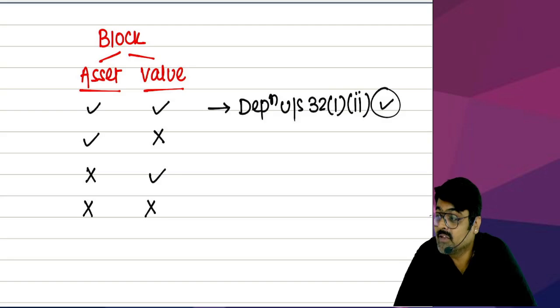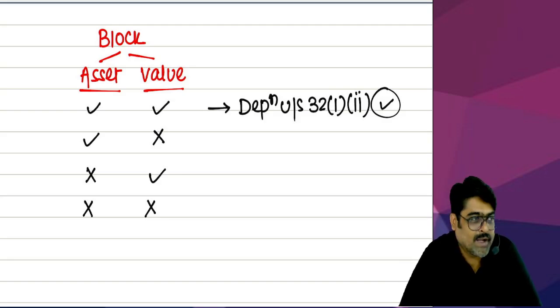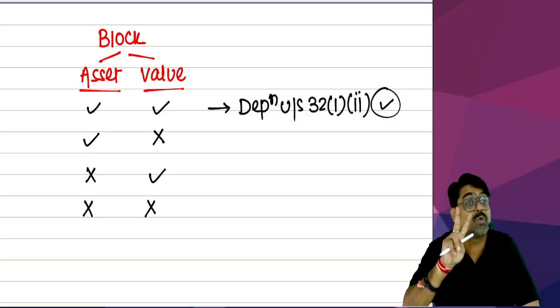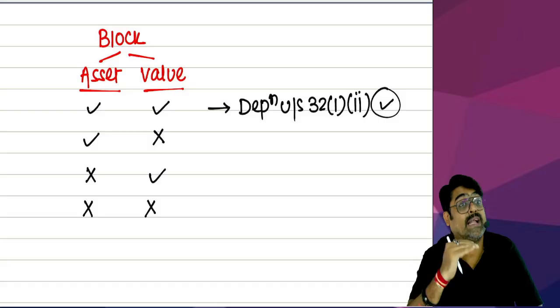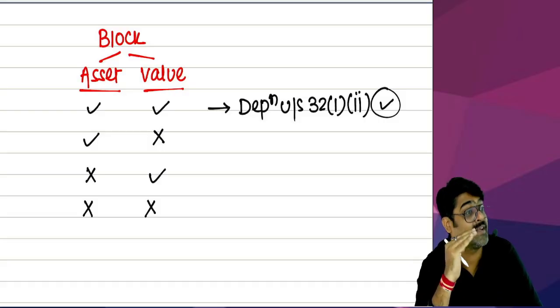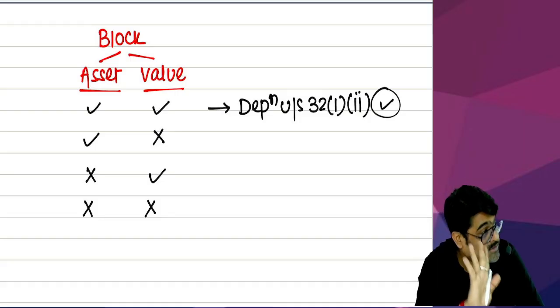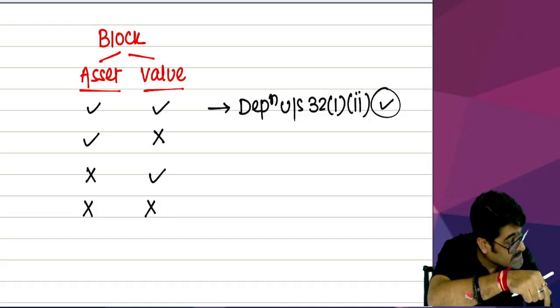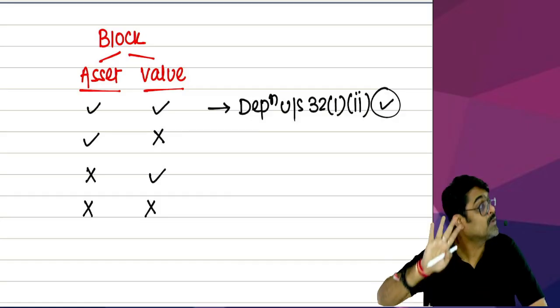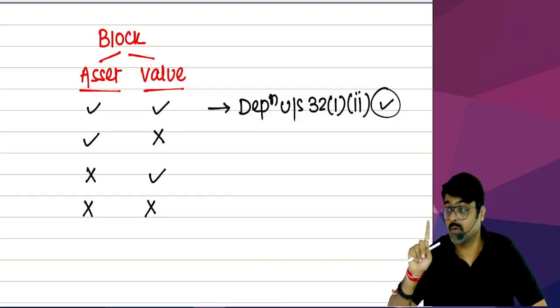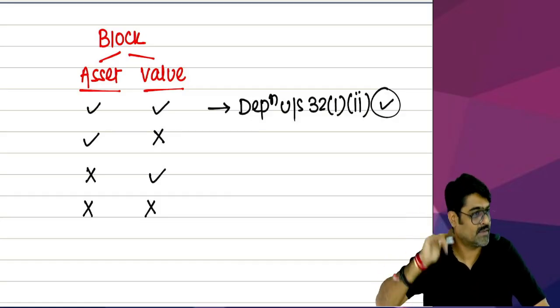In all these three cases, you cannot calculate depreciation. If you want to calculate depreciation, two things are must. As at the end of the year, the block has assets also, and against that asset some value is also there. Only then you can calculate and claim depreciation.